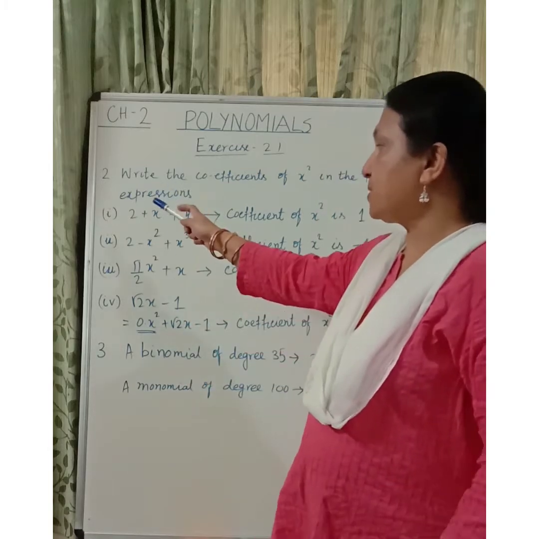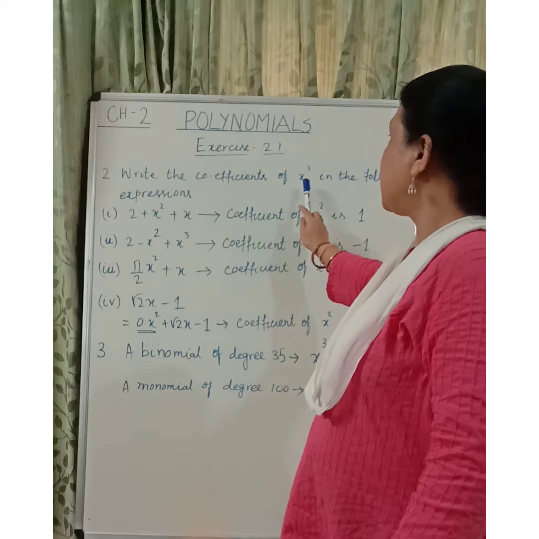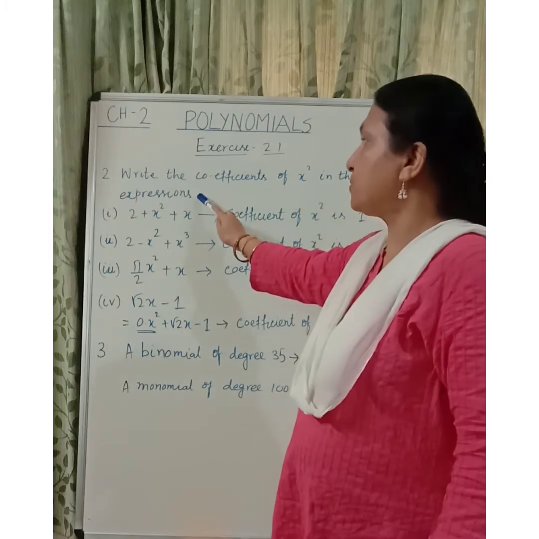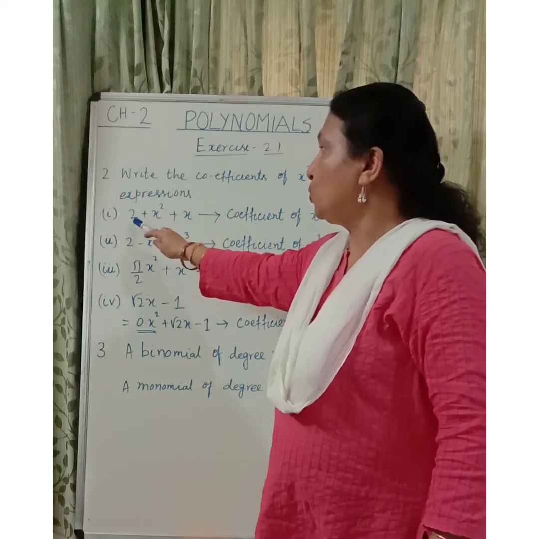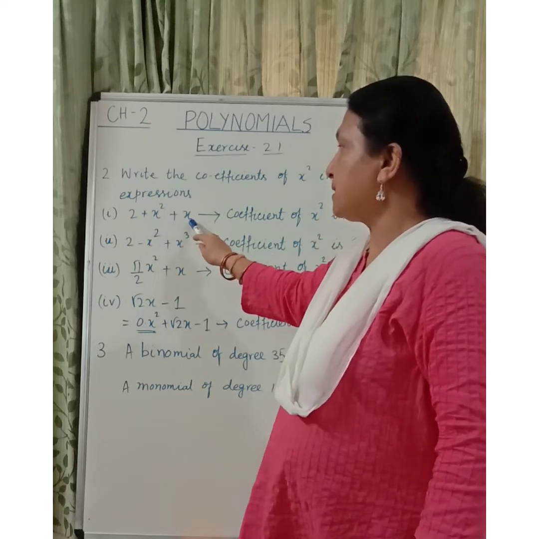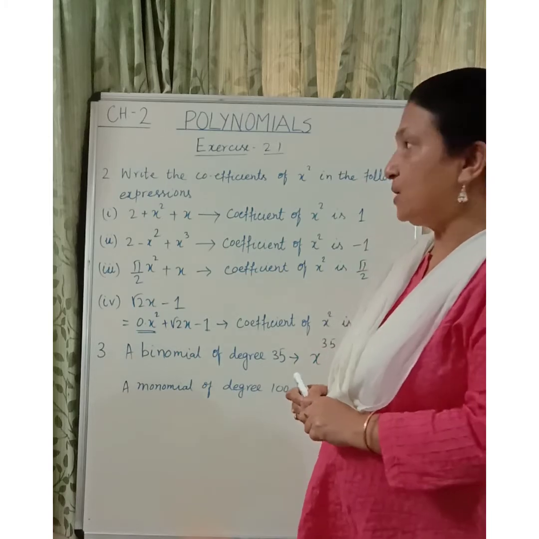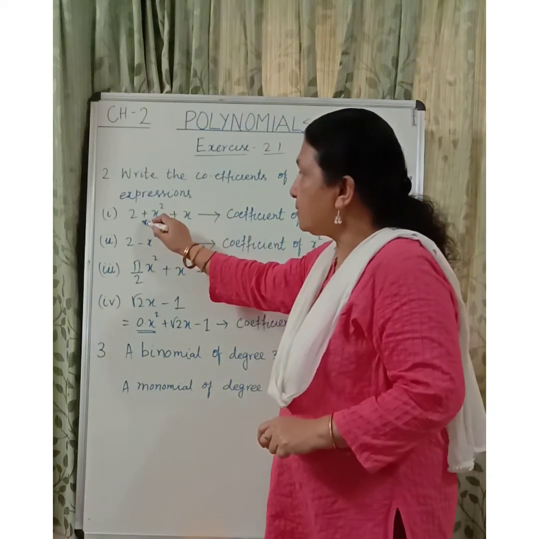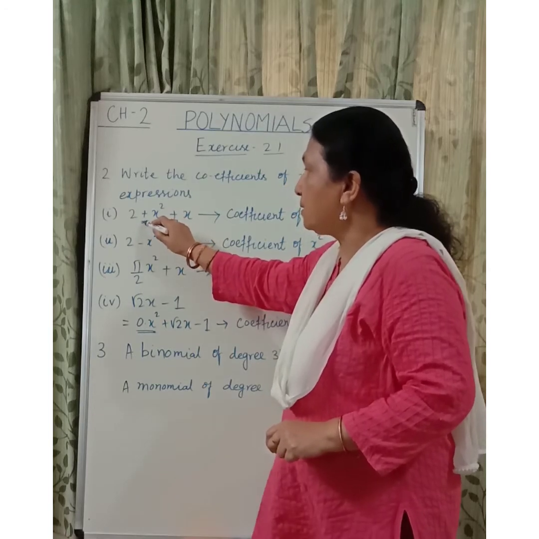Now next question, question 2. Write the coefficients of x square in the following expressions. Now the first expression is given here, 2 plus x square plus x. We are asked to write the coefficient of x square. So we see the second term has x square.